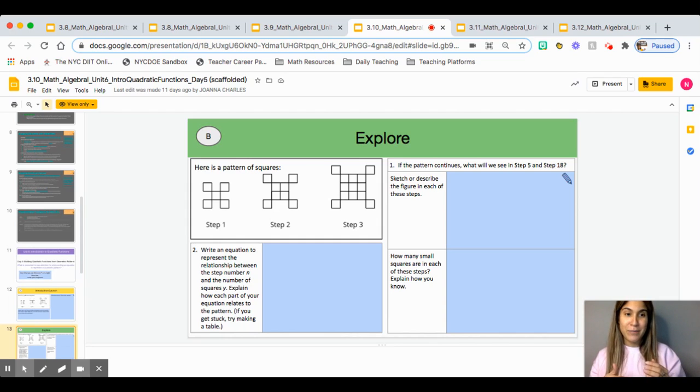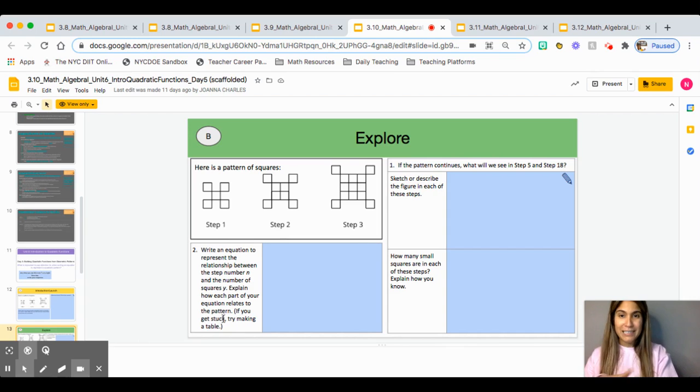Desmos can share anonymously. So these are all different tools that you can use in your classroom to help your kids share their answers.